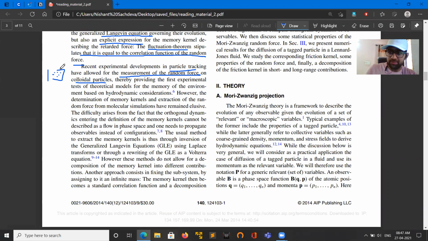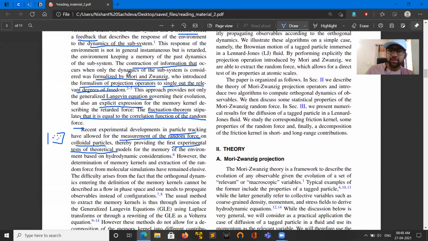So in the colloidal systems we have here, particles have a random force coming on them, and now we're able to track what that force is. Thereby it provides experimental tests of our theoretical model. We can theorize whatever we want, but ultimately we need to test it.